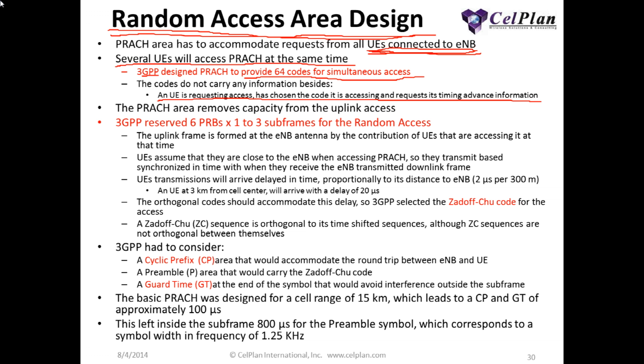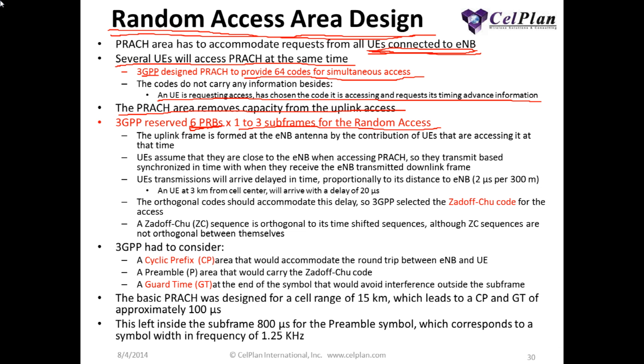And of course, the PRACH area removes capacity from the uplink access, so it's taking part of the uplink frame. 3GPP reserved 6 physical resource blocks by 1 to 3 subframes for the random access.